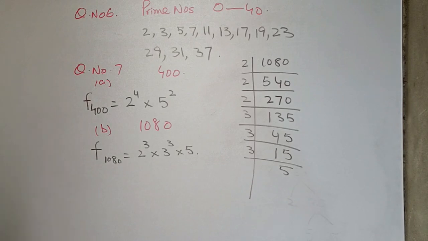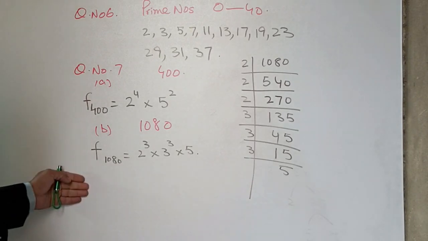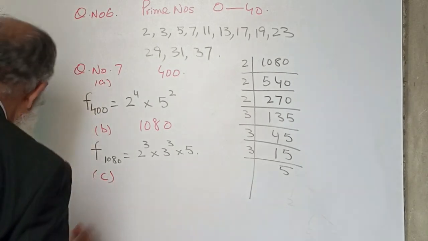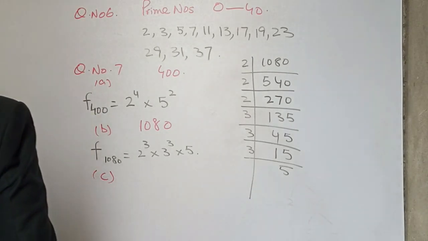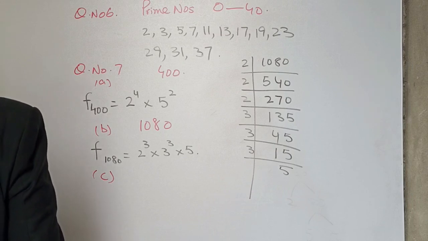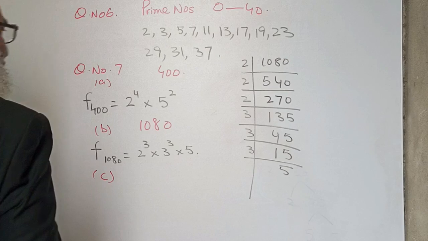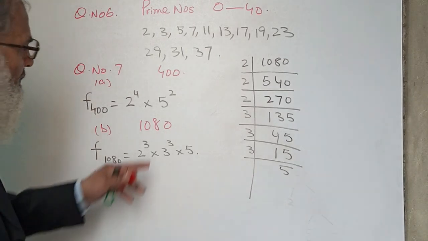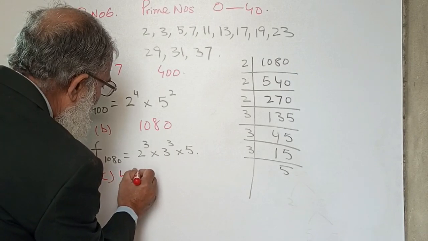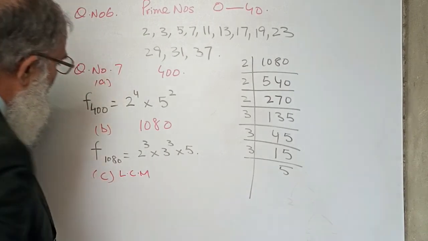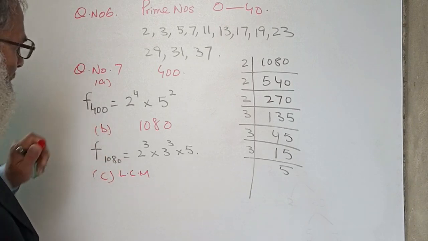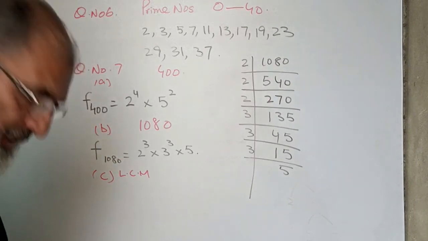In part C we have to use this working, and we have to find, use your answer to find the LCM of 400 and 1080. Now we have to find the LCM of 1080 and 400. Now you know how we find the LCM.